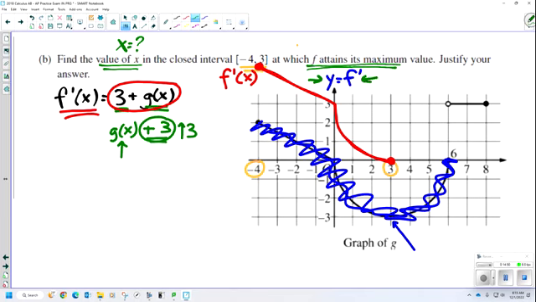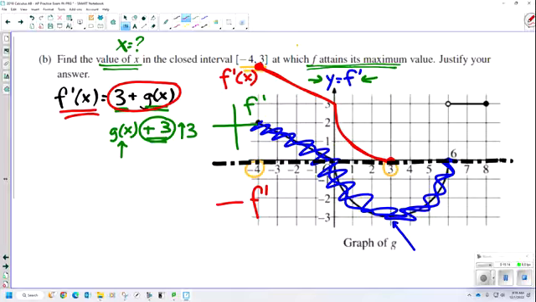Anytime we are above the x-axis, we have a positive y. If we have a positive y, we have a positive f prime. So f prime is positive above the x-axis. Anytime we're below the x-axis, my y values are negative, which means my f prime is also negative.